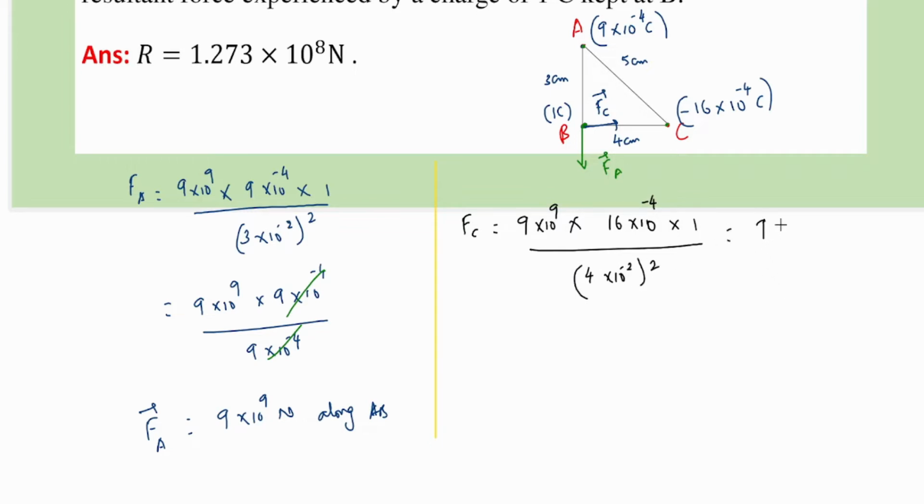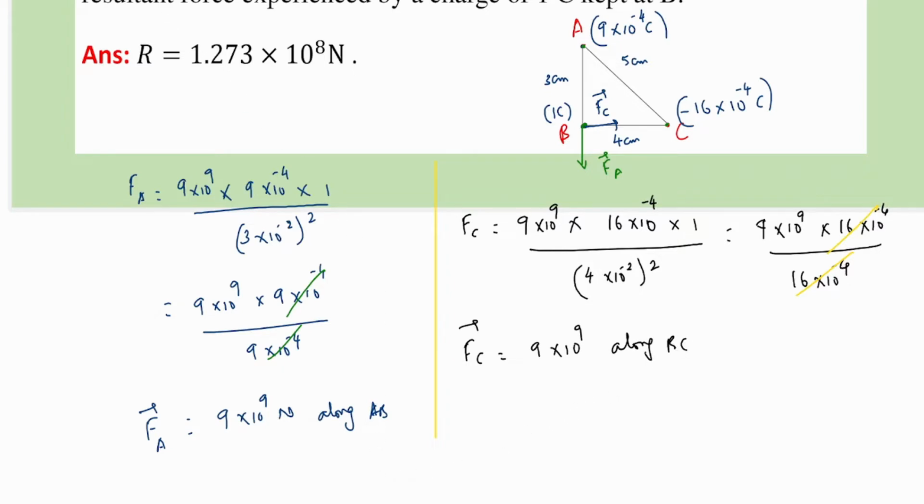That will be 9 into 10 power 9 into 16 into 10 power minus 4 by 16 into 10 power minus 4 if you square this. Again here this gets cancelled, so what remains would be just 9 into 10 power 9. In vector form, this is along BC, attractive force.